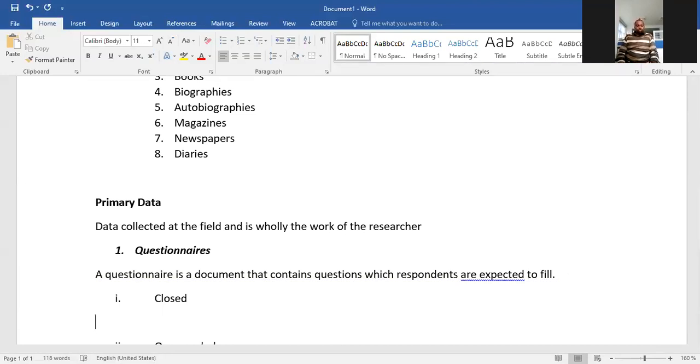A closed questionnaire is basically a questionnaire that contains definitive answers from which a respondent can choose.